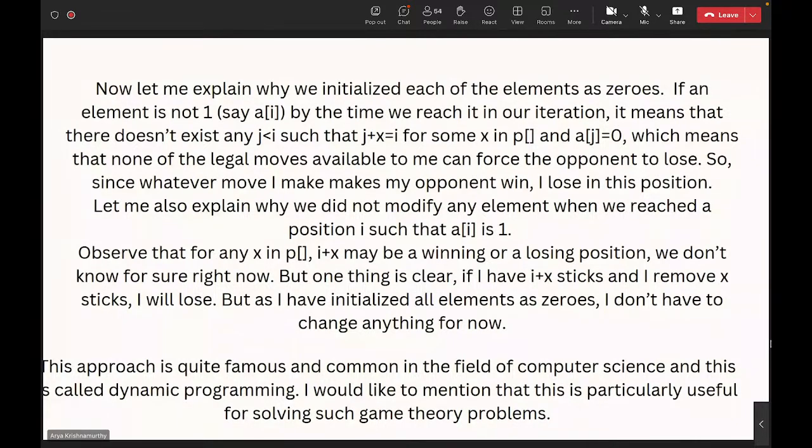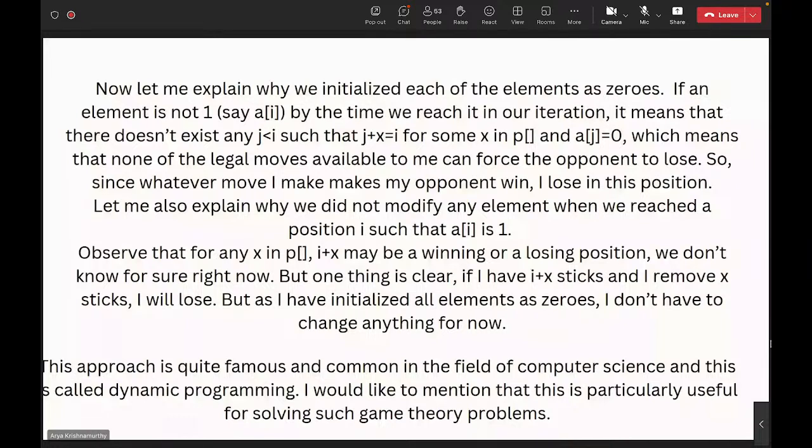We only know that A of I is winning and x is an allowed move, which only tells me that if I have I plus x sticks and I remove x sticks, I will lose. But as all the elements in the array have been initialized to zeros, I don't have to change anything for now. I only have to make the change where A of I is losing and x is an allowed move.